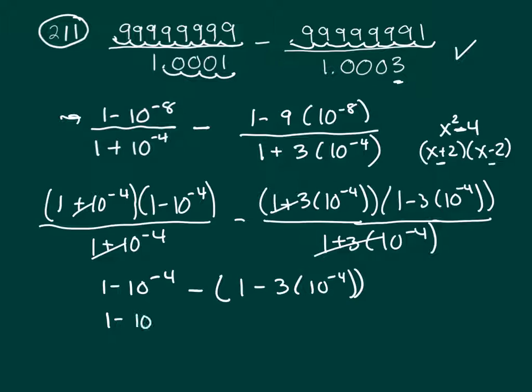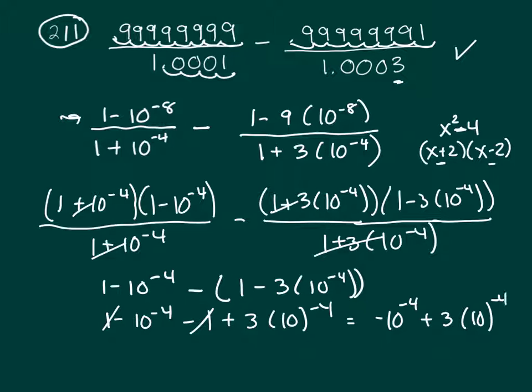So that's 1 minus 10 to the negative 4 minus 1 plus 3 times 10 to the negative 4. The 1's cancel. You're left with a negative 10 to the negative 4 plus a 3 times 10 to the negative 4. So there's like a 1 of these. I'm just sort of 1 there. So add those together and you get 2 times 10 to the negative 4.